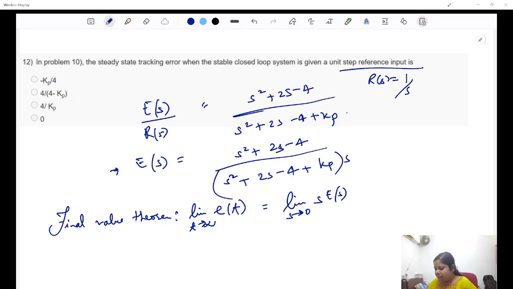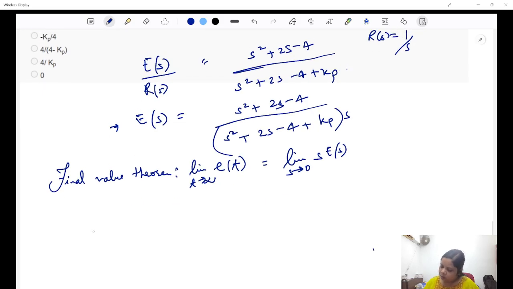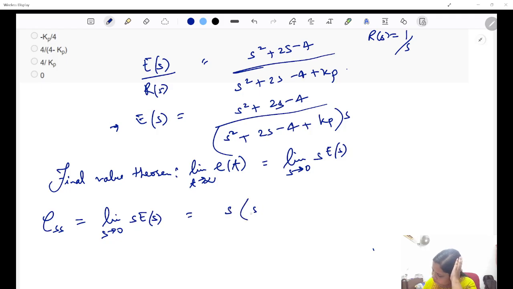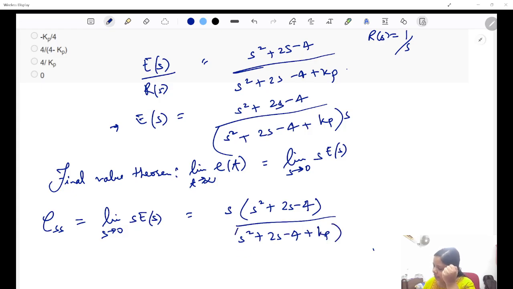Instead, we'll directly go for this. So we want to find the steady state error, which is limit S tends to 0 of S times S square plus 2S minus 4 upon S square plus 2S minus 4 plus KP into S.